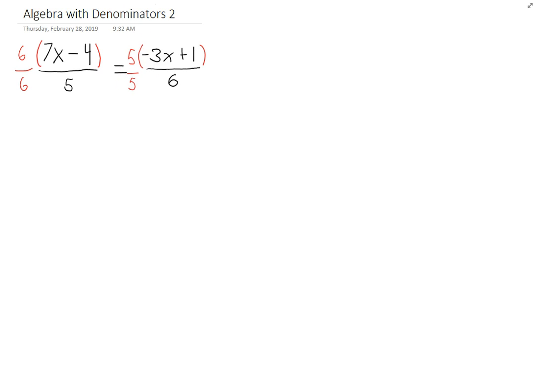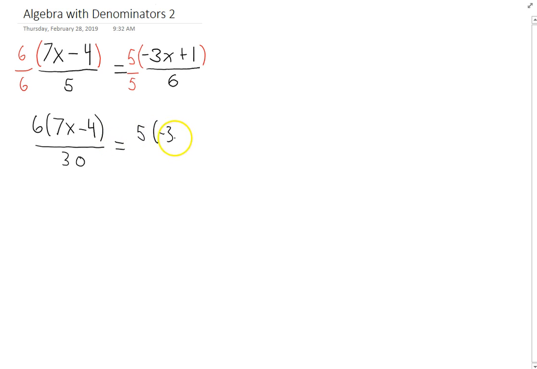Now, after I do that, I'm going to have 6 times 7x minus 4. So this is the numerator times the numerator, and 6 times 5 is going to give me 30. And this is going to equal 5 times negative 3x plus 1, divided by, well, 5 times 6 gives me 30.